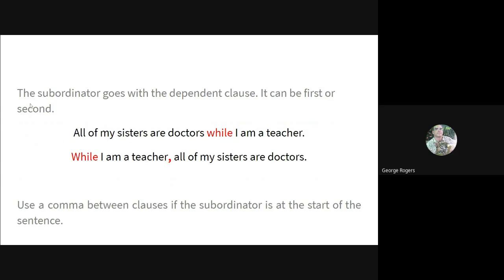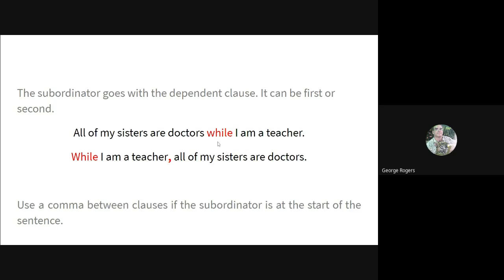Right. The subordinator goes with the dependent clause. So this is something to pay attention to. The subordinator word, like while, can be first or second. You can put it in the beginning of the sentence or the end, but it goes with the dependent clause. So, all of my sisters are doctors. That could be a standalone sentence. I am a teacher.